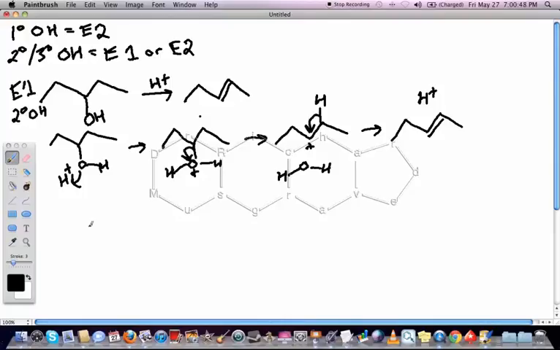In the case of primary, I'm going to do a primary example of an E2. This will be the product. Let's look at the mechanism.